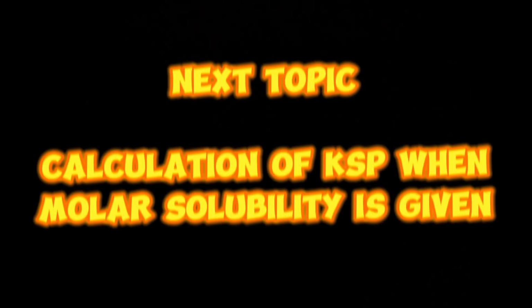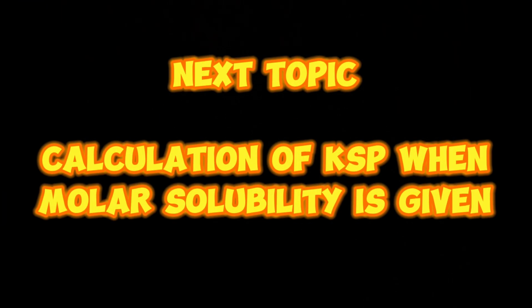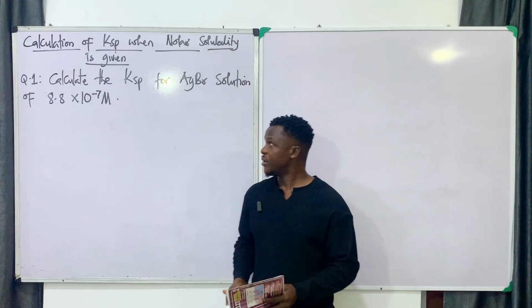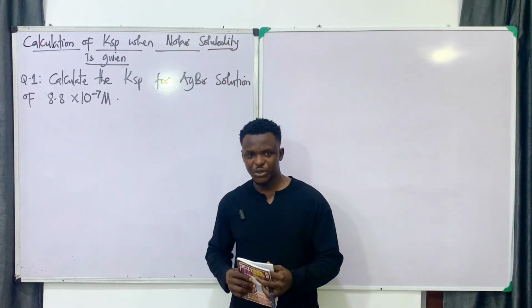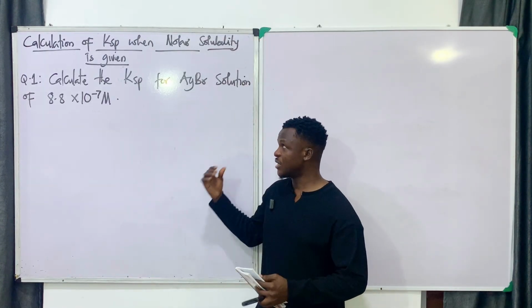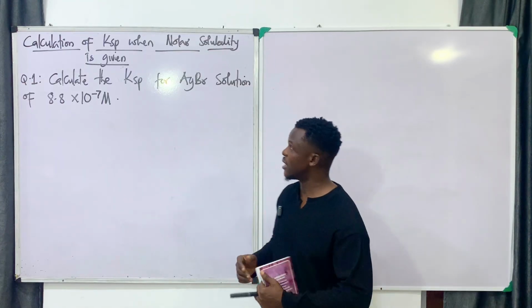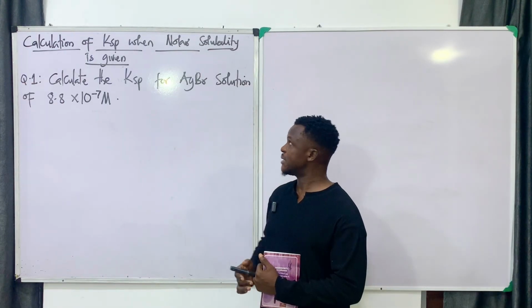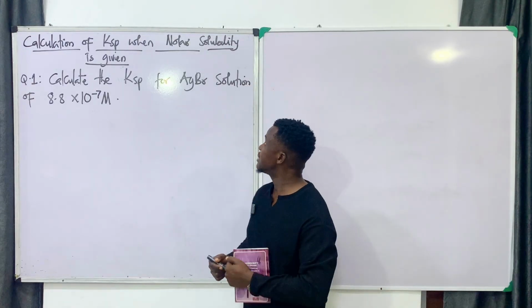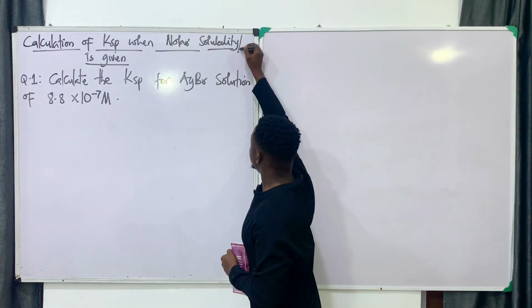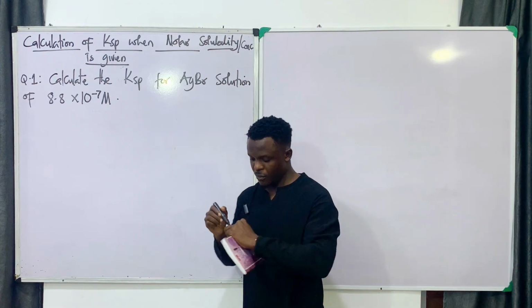Next topic, calculation of Ksp when molar solubility is given. Right, guys, we are done with the first part of Ksp, which was knowing how to write the expression. So the next one now is for us to carry out calculation of Ksp when molar solubility is given. Now, molar solubility I can also call molar concentration, right?